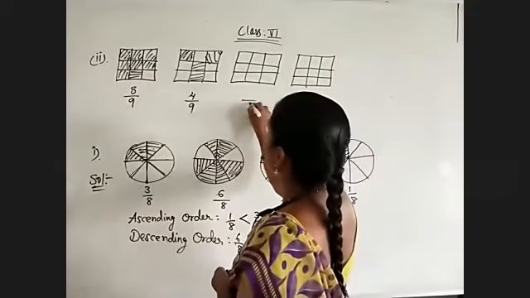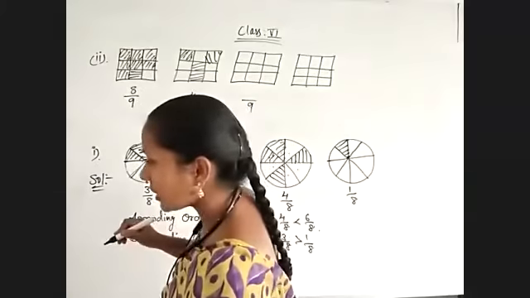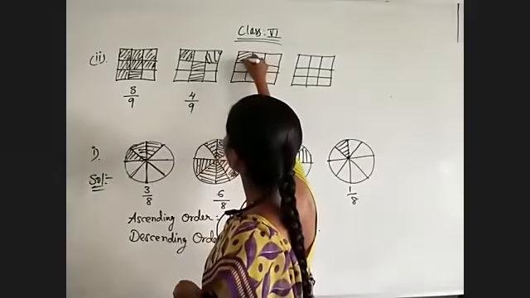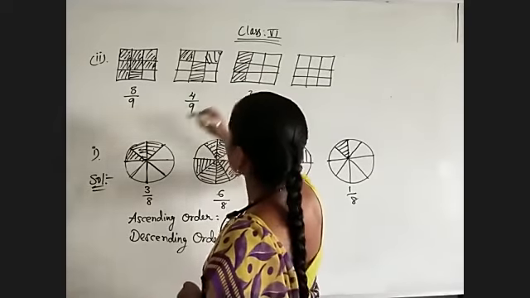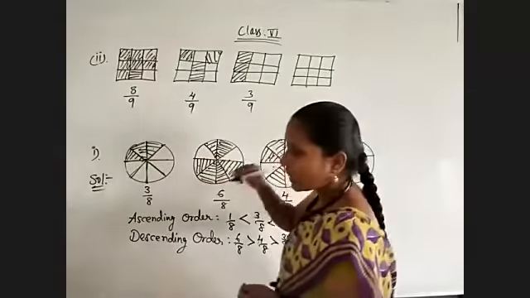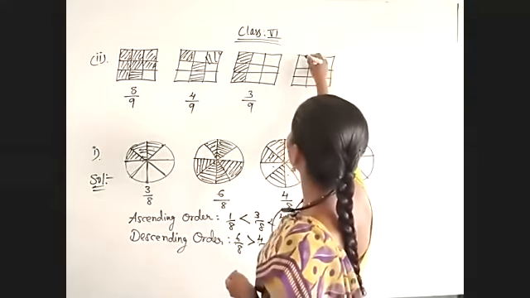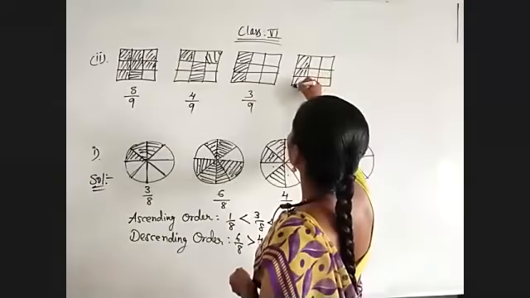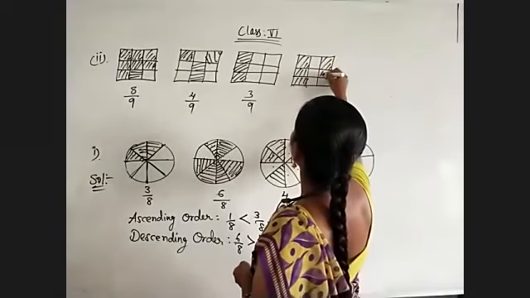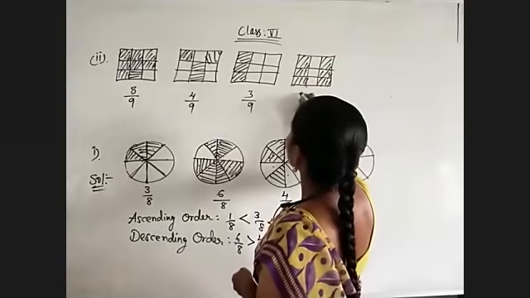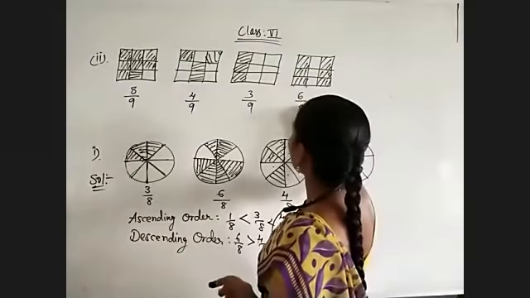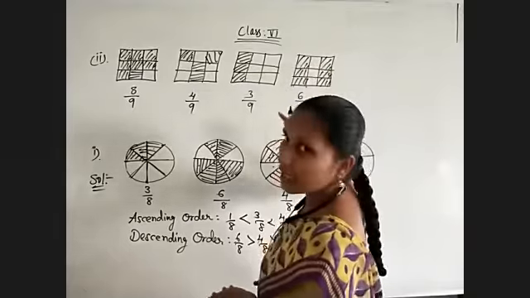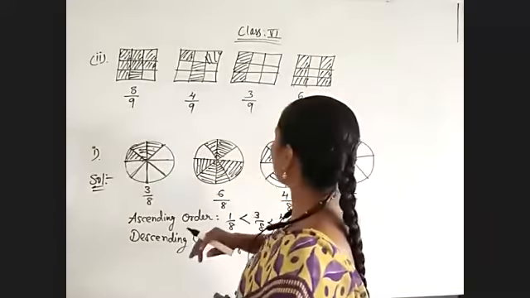Here also the denominator is 9, and they have shaded 1, 2, 3. So this fraction is 3 by 9. And the last one, they have shaded 1, 2, 3, 4, 5, 6. 6 parts are shaded out of 9. So 3 parts are left. 6 plus 3 is 9.